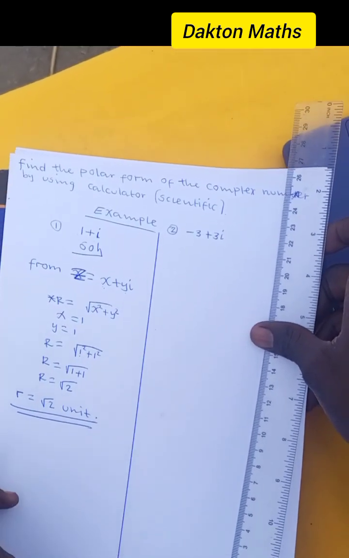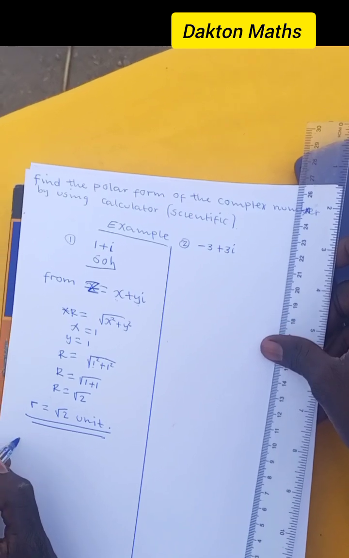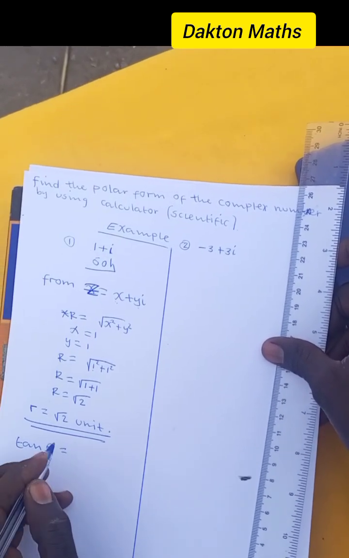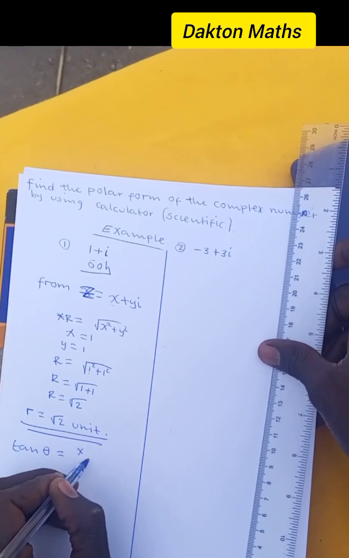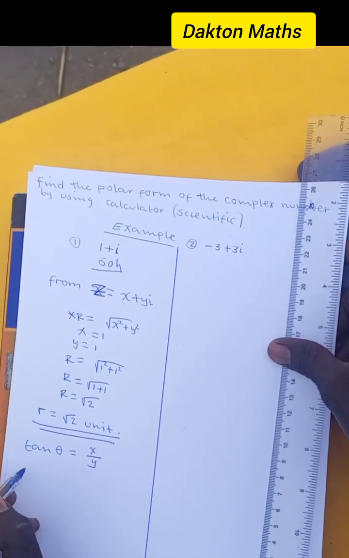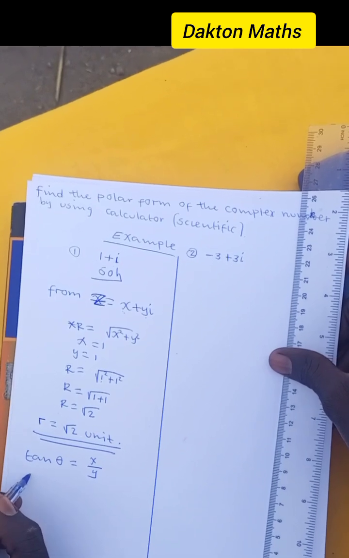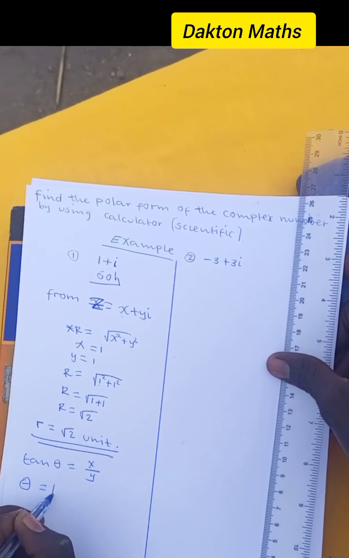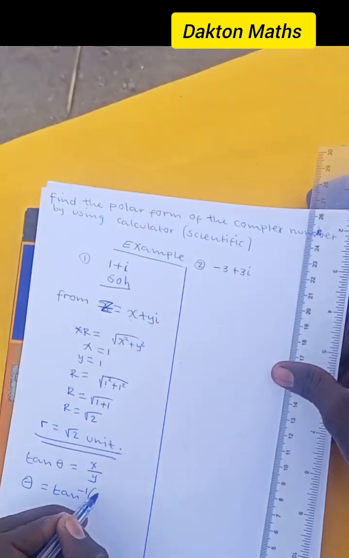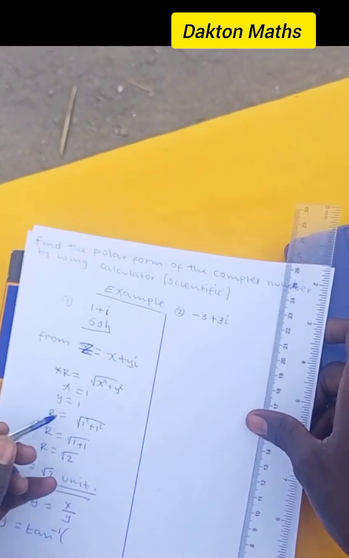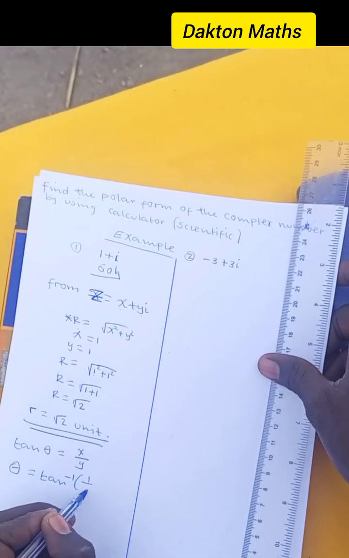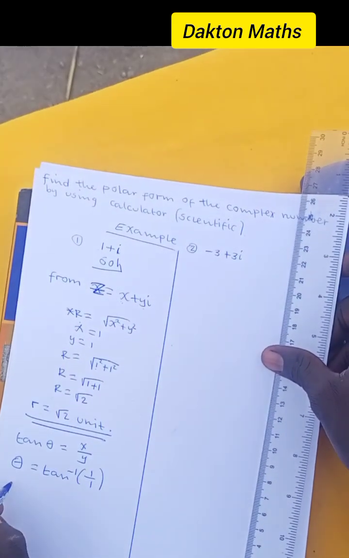Let's go for theta. For theta, we have a formula: tan theta is equal to y divided by x. It means that theta is equal to tan inverse of y over x. We already know x is equal to 1 and y is equal to 1, meaning we'll have 1 divided by 1, which is equal to 1.